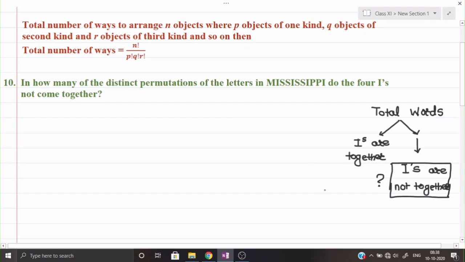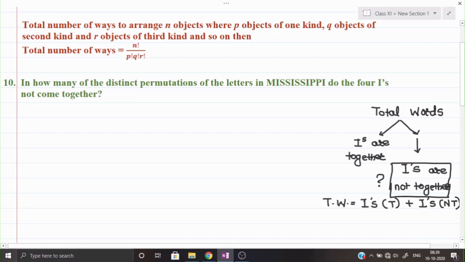So the total number of words equals I's together plus I's not together, which I write as NT.